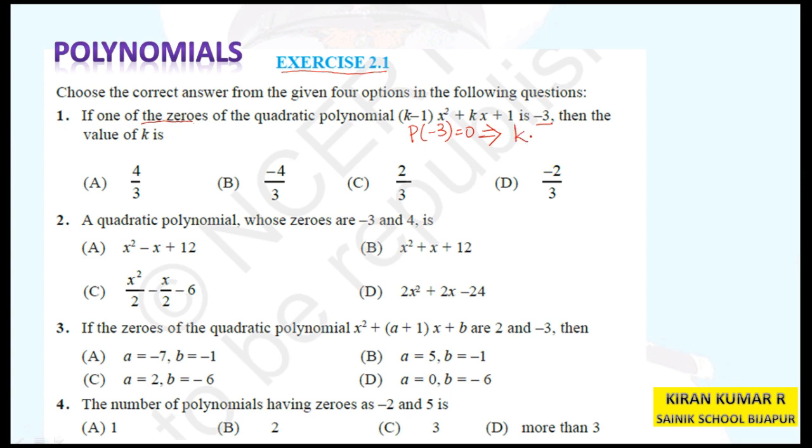We will be getting (k minus 1) times minus 3 square plus k times minus 3 plus 1 equal to 0. Simplify this. Minus 3 square is 9.